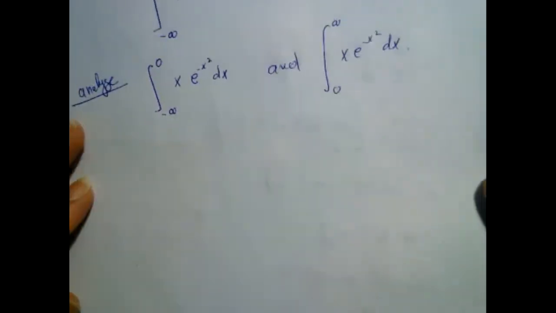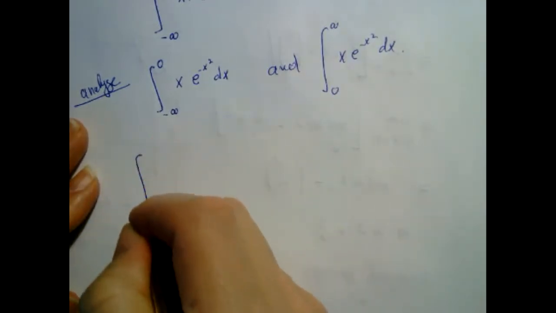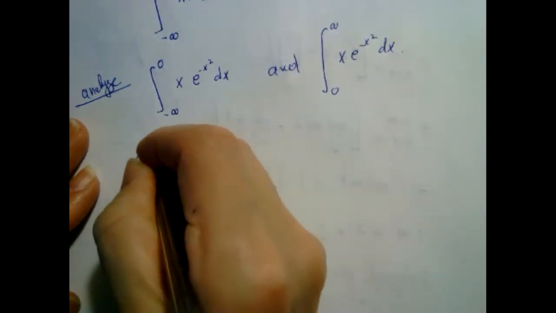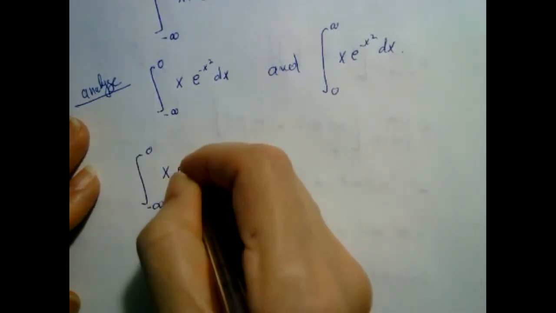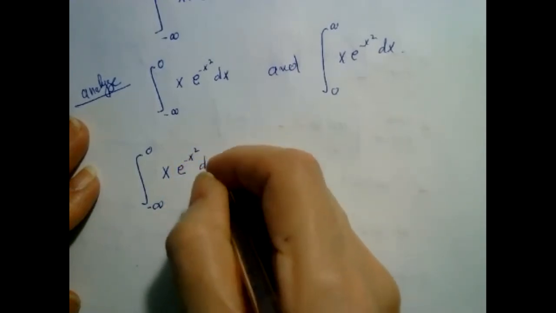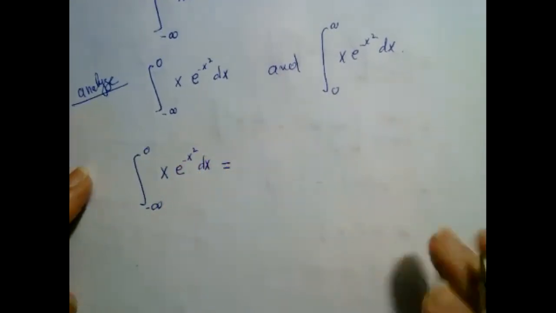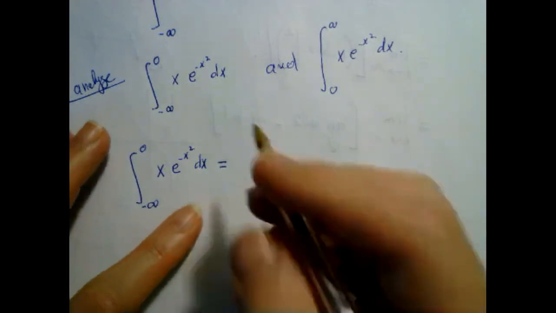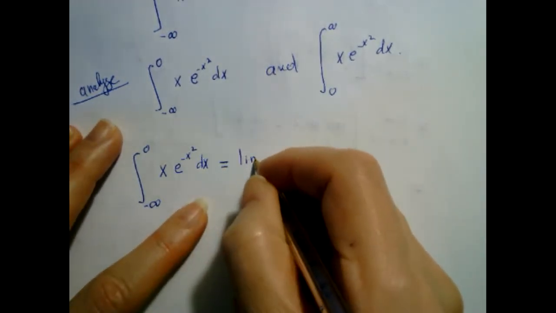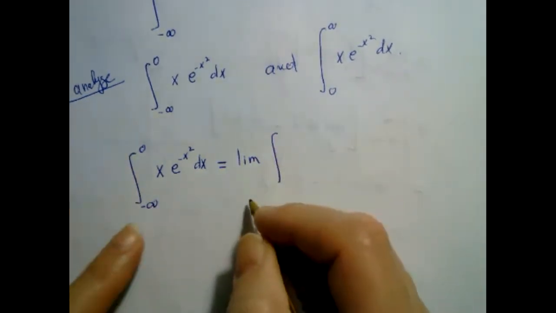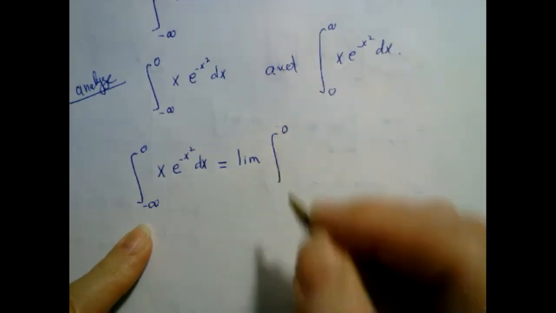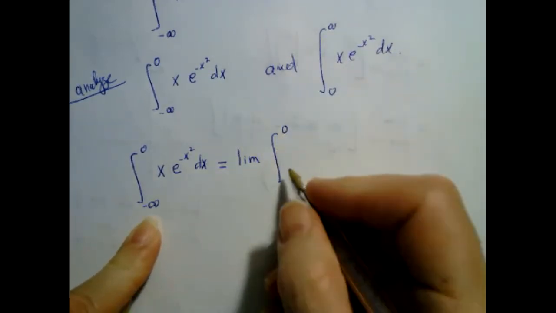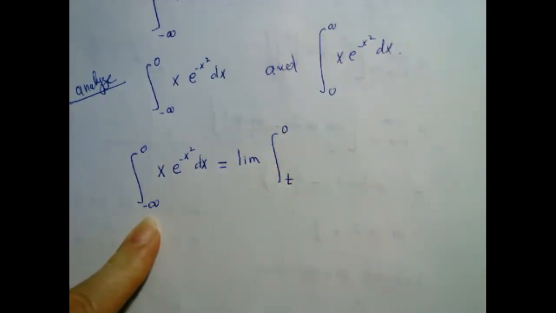So let me start with the first one. The integral from minus infinity to 0 of x e to the minus x squared dx. The only way to do it is we have first to write it as a limit. That's the following limit, as t goes to minus infinity. The upper limit remains fixed. It's the lower limit that is going to vary.